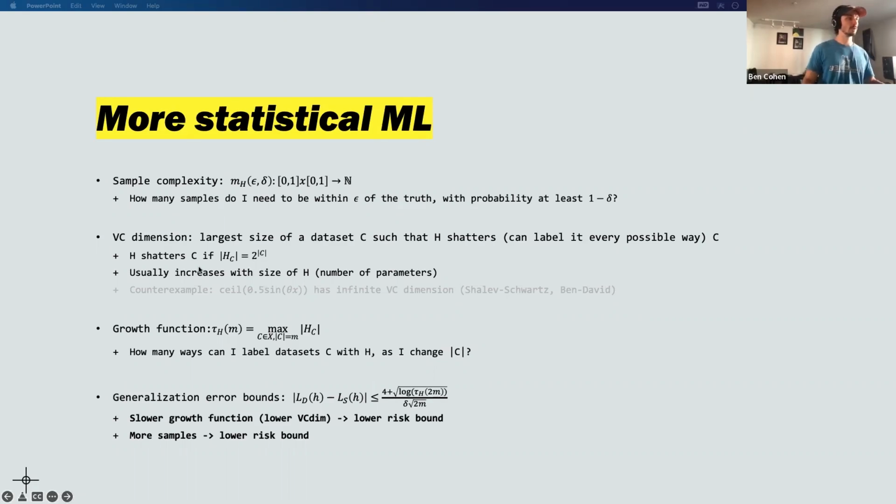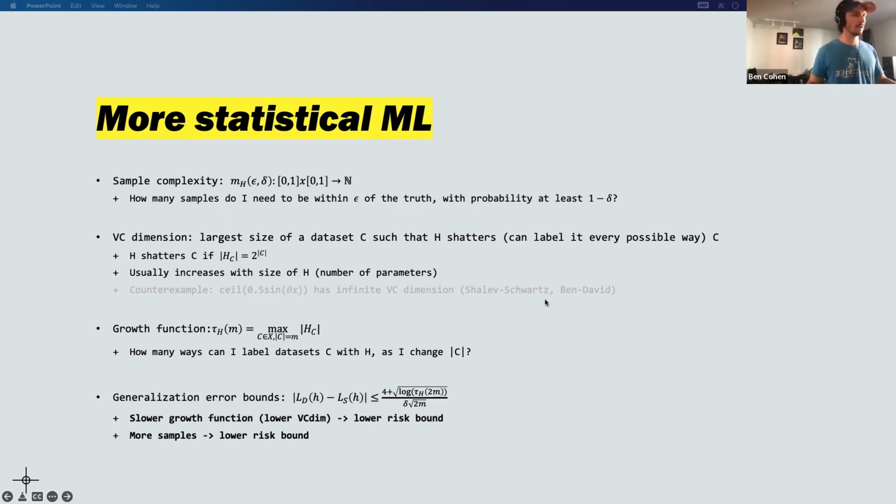And generally speaking, the more parameters you have in your model or your hypothesis space, the larger the VC dimension is going to be. So neural networks with tons and tons of parameters may have a very high VC dimension. It doesn't always correlate with the number of parameters.